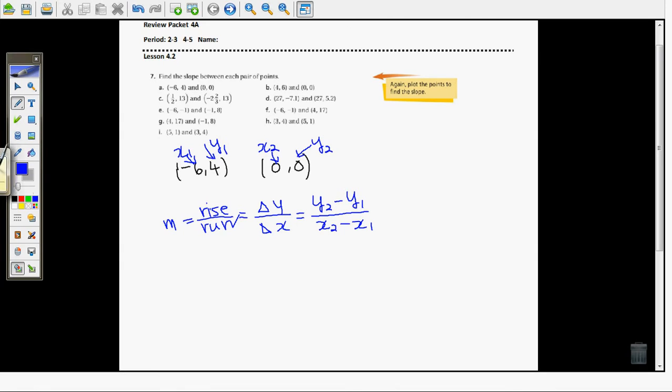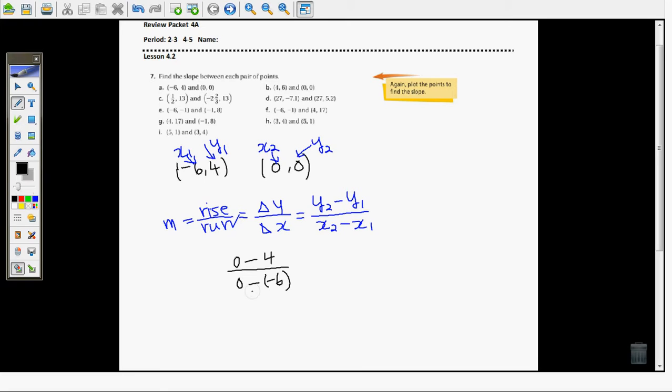So we do second y, which is 0, minus first y, which is 4, over second x, which is 0, minus first x, which is negative 6.